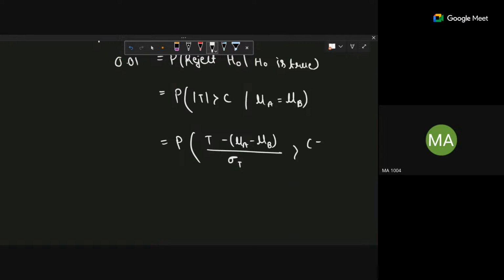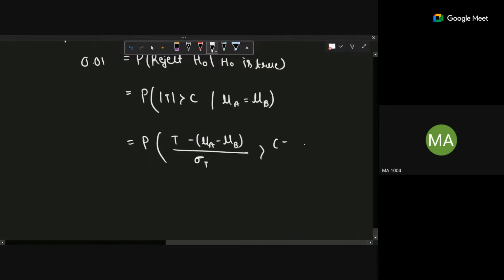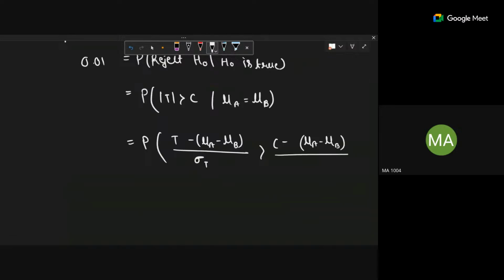Again, C minus mu A minus mu B upon sigma T. We have one more liberty that they are equal, so this finally is going to be 0.